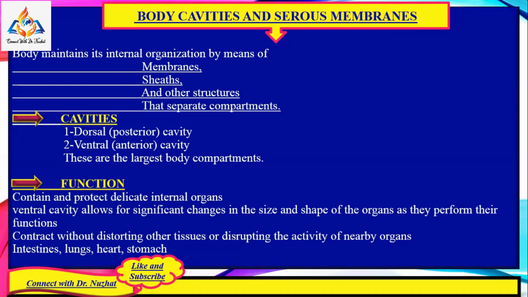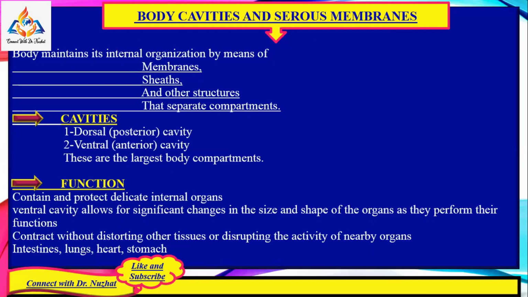A human body, like that of many other multicellular organisms, is divided into a number of body cavities. A body cavity is a fluid-filled space inside the body that holds and protects internal organs.